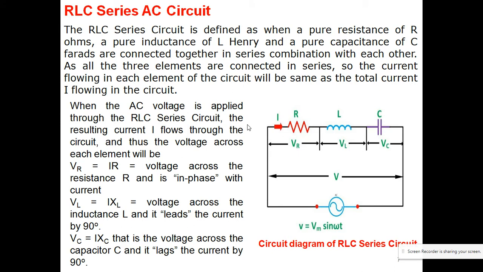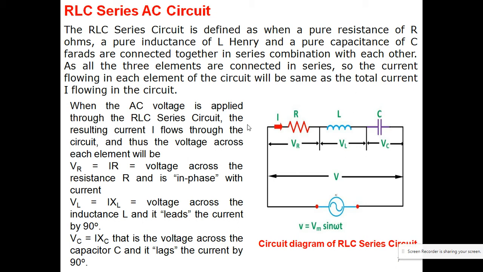Now I'm considering RLC series AC circuits. It means we have three passive components together. An RLC series circuit is defined when a pure resistance of R ohm, a pure inductance of L henry, and a pure capacitance of C farad are connected together in series.